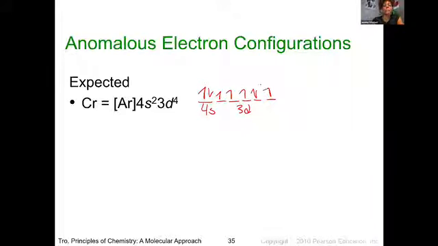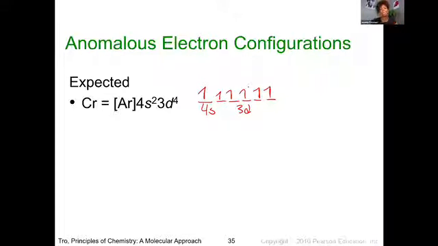Well, what happens is in this case, especially in your d4 examples, this really isn't as stable as it could be. It would be much more stable if we had a completely filled or half-filled sublevel. And so what's able to happen is you have a promotion of an electron from your 4s orbital that's given to this last d orbital, to make all the d's look the same. That makes it much more stable.